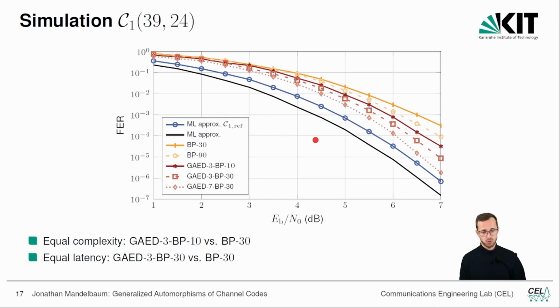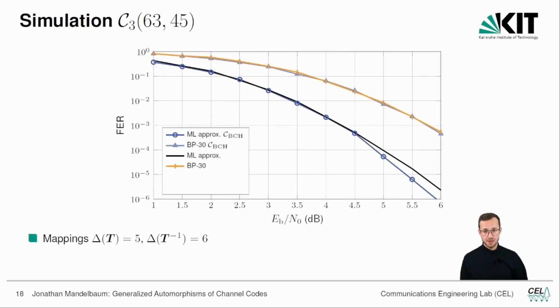Next, I want to present the simulation results for the code C3 with block size 63, therefore a bit longer code. This code was designed to possess a generalized automorphism with weight 5 over permutation.